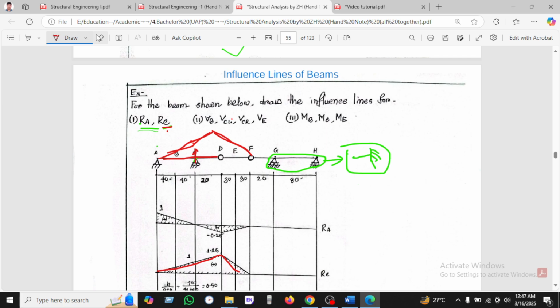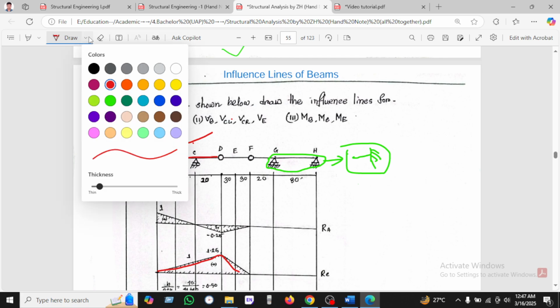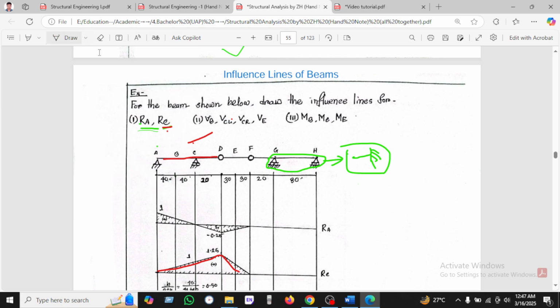Now we can see another example. This is the section BB. So we have to cut here. We're just cutting this section here.